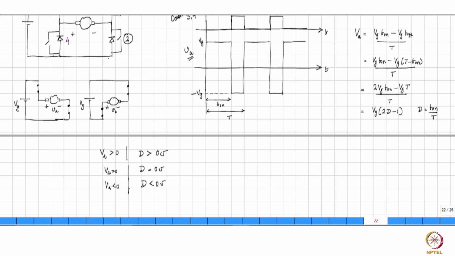Therefore, you get a variation in the average value all the way from negative to greater than 0 by simply varying the duty ratio without any discontinuity happening, right? Smoothly it can be varied, and therefore you can now get this motor to rotate in either direction, or you can bring it to 0 speed as well. So that is why this topology is very advantageous.